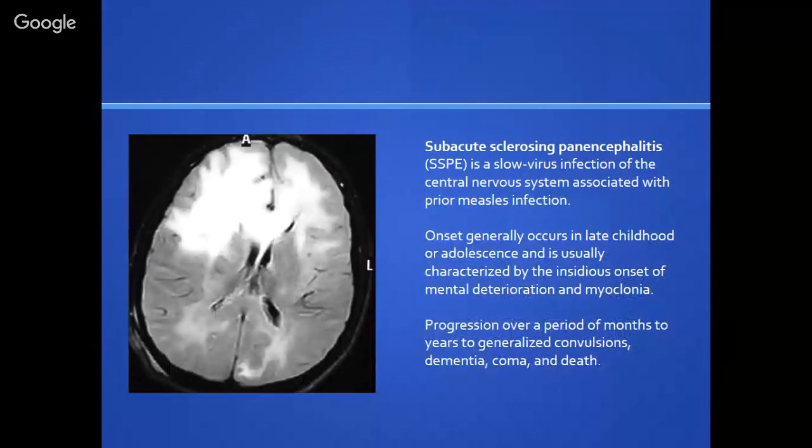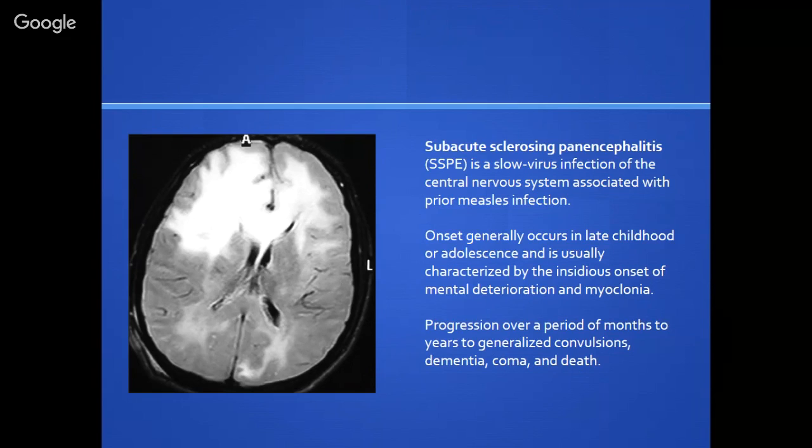Subacute sclerosing panencephalitis is a slow virus infection of the CNS associated with prior measles infection. The onset generally occurs in late childhood or adolescence and is usually characterized by insidious onset of mental deterioration and myoclonus. Progression over months to years leads to generalized convulsions, dementia, coma, and death.